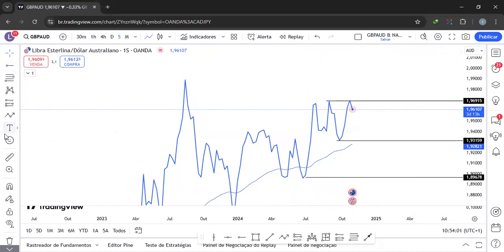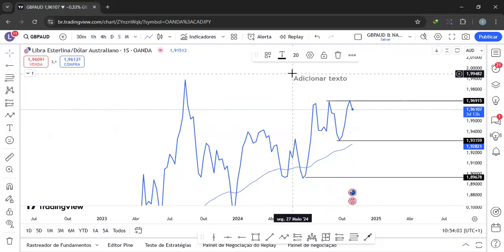So if we mark this, we can see that monthly is bullish, and weekly is bullish too.